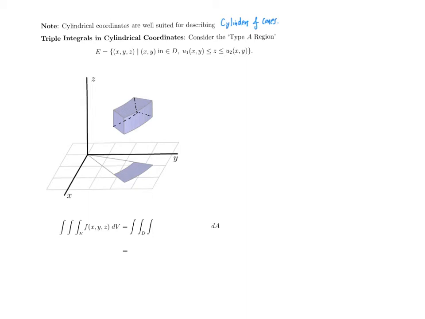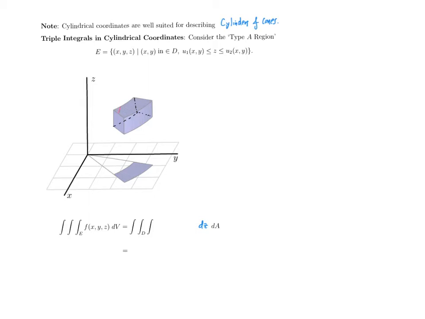The nice thing is, remember, our starting point is essentially always the same. We have an outside double integral and an inside single integral. And we're going to look at this solid as varying in the z direction. What we are told is that in the z direction it varies between a smaller surface given by u1 and a larger surface given by u2.